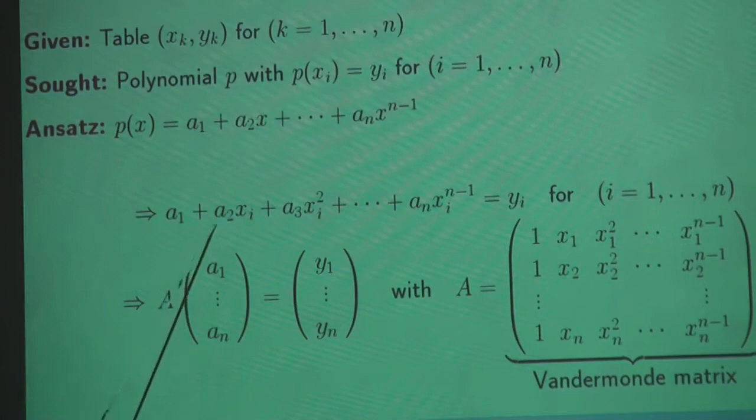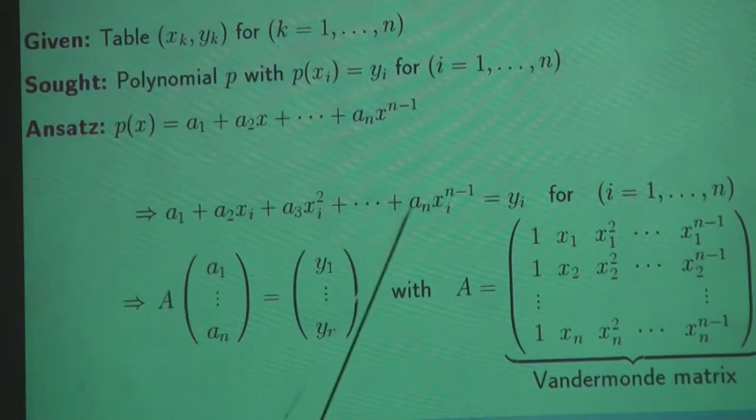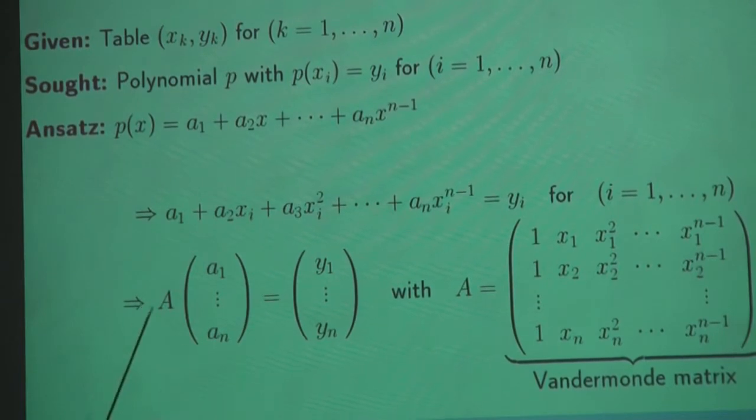Okay, and we can write this linear system in matrix form. Here we have this matrix capital A times the vector of our unknown variables. And the unknown variables are a1 through an. And what is this matrix A?